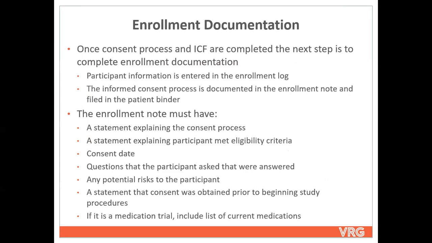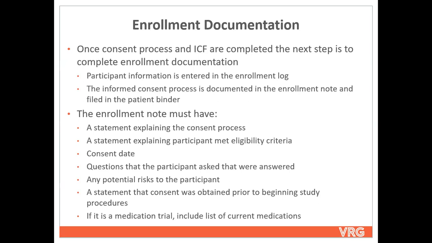Often there's also enrollment documentation, in terms of an enrollment log, but also an enrollment note. So basically, you want to enter the information that you just obtained in the enrollment log, then document the informed consent process in the enrollment note, and file that in the patient binder as well.